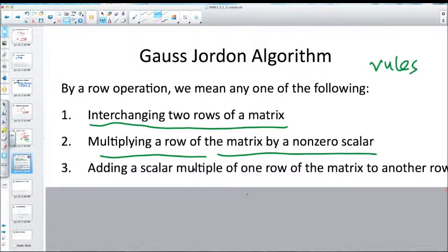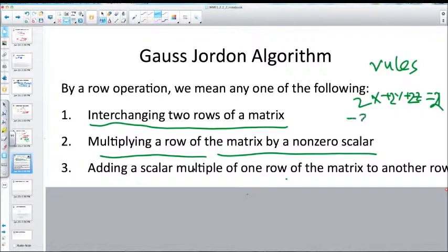Of course, if you have x plus y plus z equal 1, you can have 2x plus 2y plus 2z equal 2. You multiply the constant, it won't change the solution. The most important, you can add a scalar multiple of a row to another row.